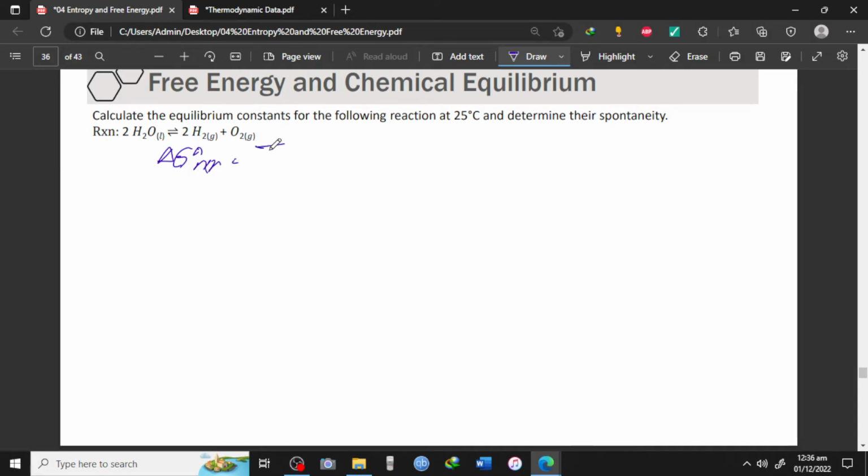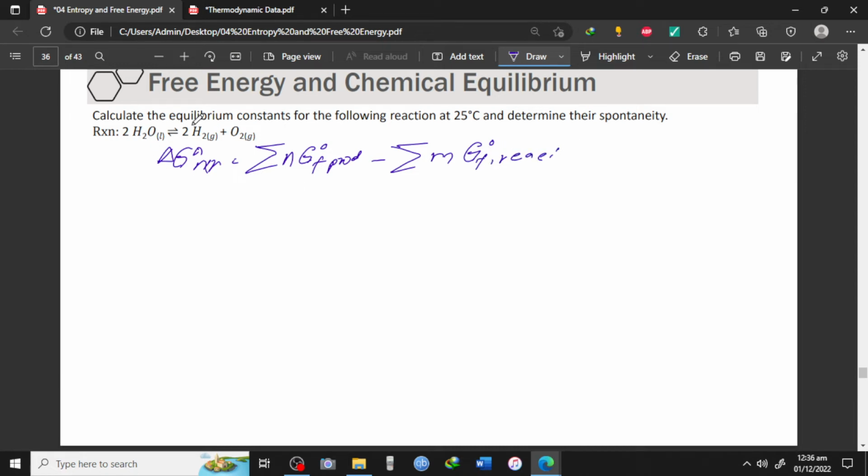Yung delta G of the reaction, tapos yung summation ng moles of the product multiplied by their standard free energy of the product, tapos subtracted by n m to, or yung moles ng reactant multiplied by their standard free energy of the reactant. So, ganun lang yun.